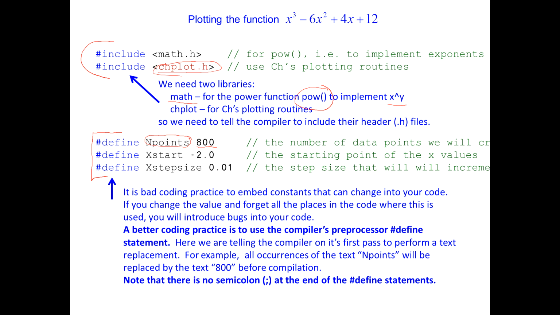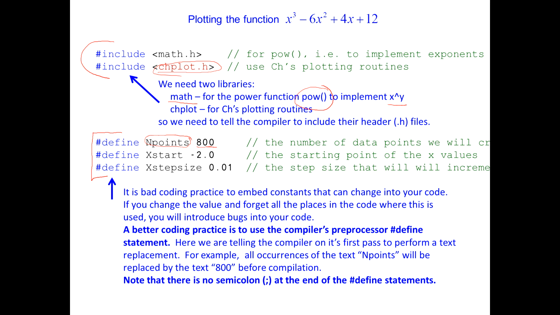Here, since we have y equals x cubed, the function, what value of x are we going to start plotting? Here we're going to start at -2, and then we're going to increment x, and what's our increment size? That's our step size here.